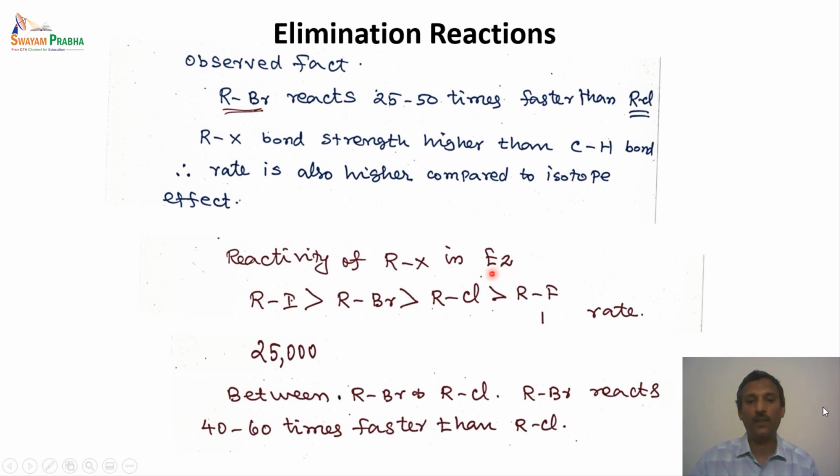And here we have an example of the E2 mechanism for the elimination. RI reacts faster than RF if we compare the rate for the same alkyl halide. And between RBr and RCl, generally RBr reacts 40 to 60 times faster than the chloride. So this is how we say there is an element effect observed for this E2 reaction.